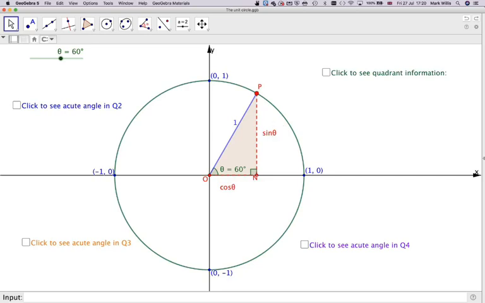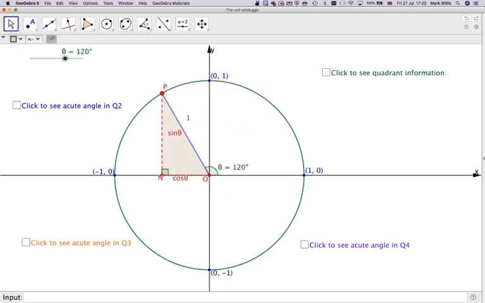Now, when we move into the second quadrant, let's take the angle 120. The angle 120 is measured from this axis here. In order to do this, we can consider the angle here. I'm going to click this, and that will mark it on. This app I will put in the notes of the video.